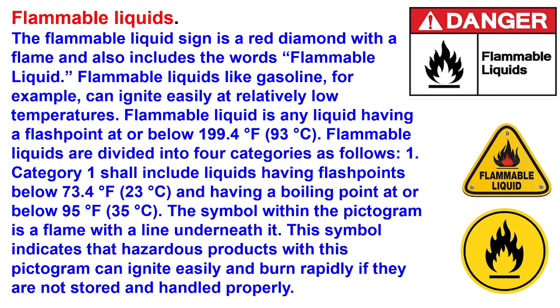Category 1 shall include liquids having flashpoints below 73.4 degrees Fahrenheit and having a boiling point at or below 95 degrees Fahrenheit. The symbol within the pictogram is a flame with a line underneath it. This symbol indicates that hazardous products with this pictogram can ignite easily and burn rapidly if they are not stored and handled properly. Please subscribe the channel.